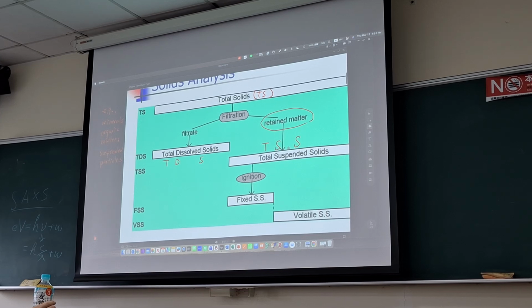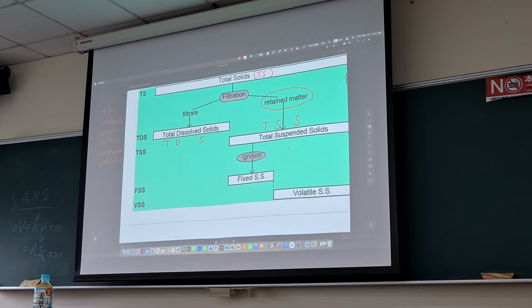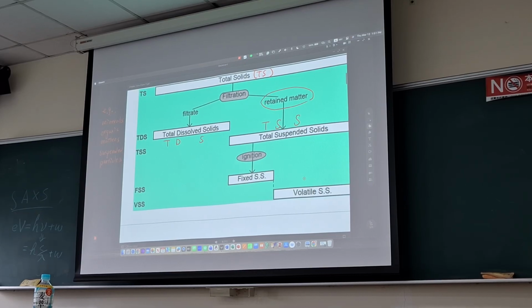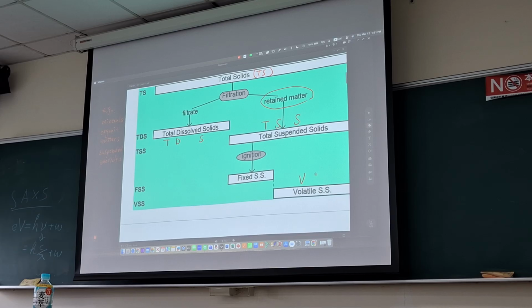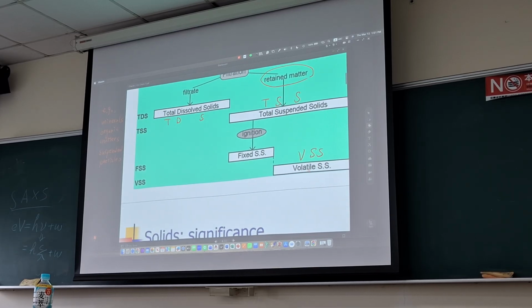Okay, and also the TSS can be divided into two kinds. One is called volatile SS, so VSS. Everyone knows what volatile means, right? Volatile means it is easily vaporized. So normally the VSS are the organic portions of TSS.